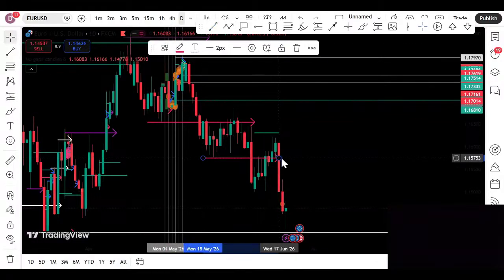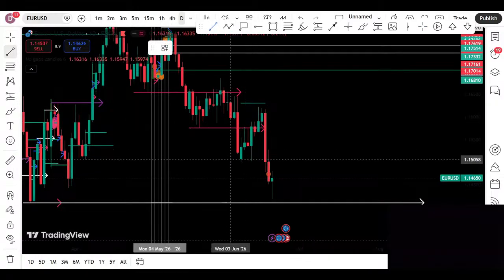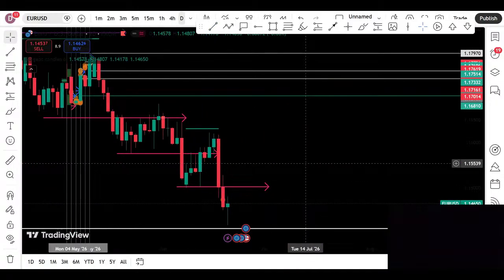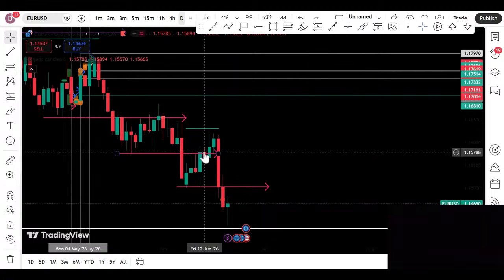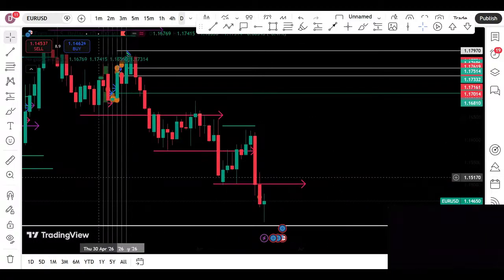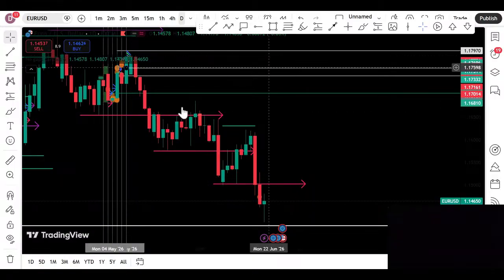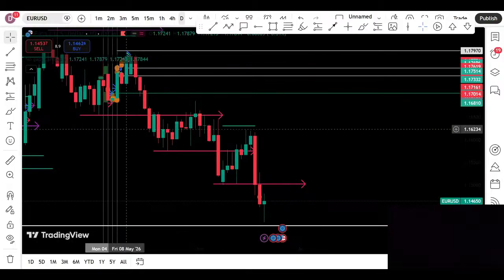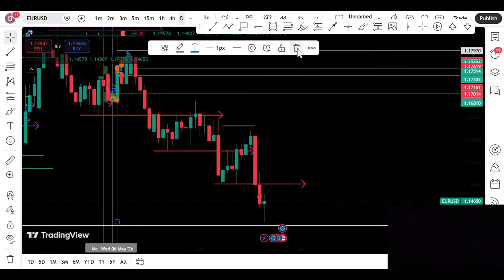We have price coming down, and now let's backtest the previous zones. What happened before, right? Let me just remove these ones here.